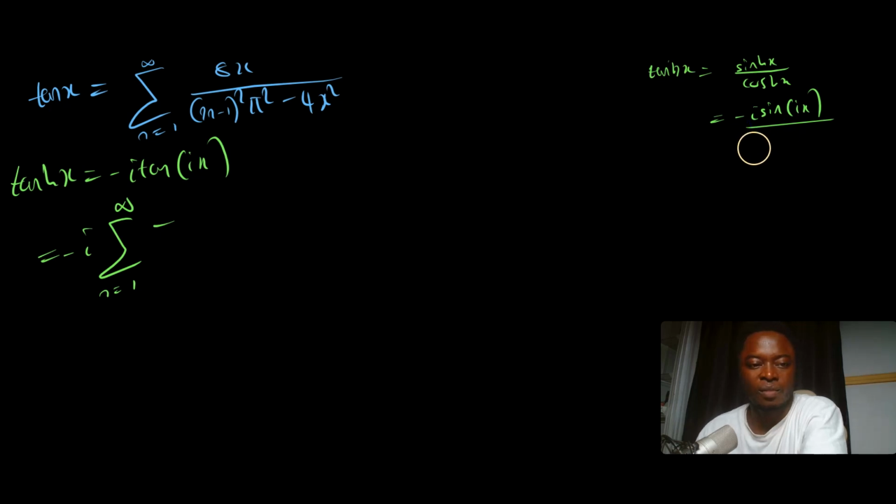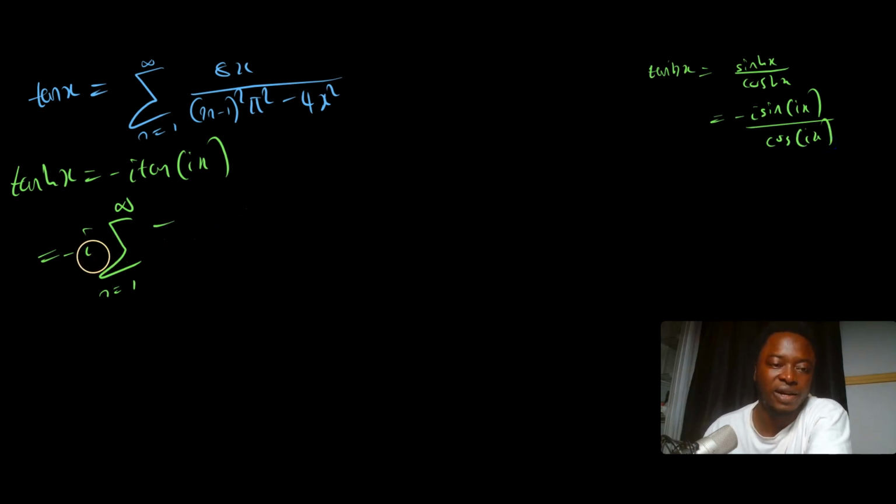Tan of x is sine of x over cos of x, which is negative i sine of ix, all divided by cosine of ix. So yes, that's correct. So you have a negative i times that.